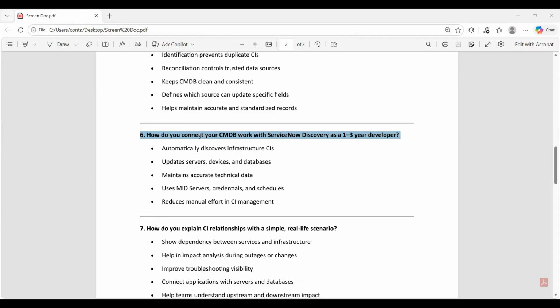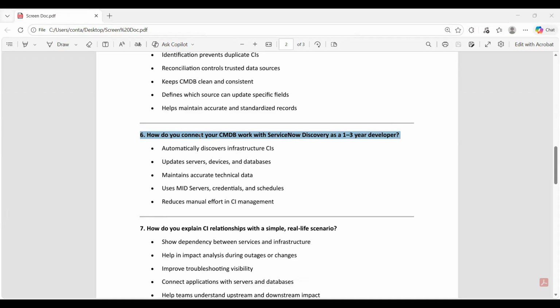So as a CMDB developer, we usually work with MID servers, various credentials, schedules, and IP ranges to ensure that the discovery is running smoothly and successfully. As a developer, we also have to validate whether the discovered devices are getting created in the correct CI or not. So at any time, if we see some issues occurring, we may troubleshoot the credentials, we may troubleshoot the discovery pattern or IRE rules.